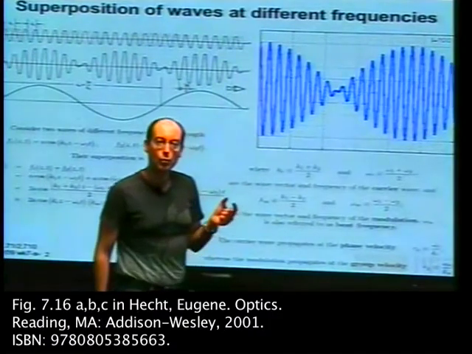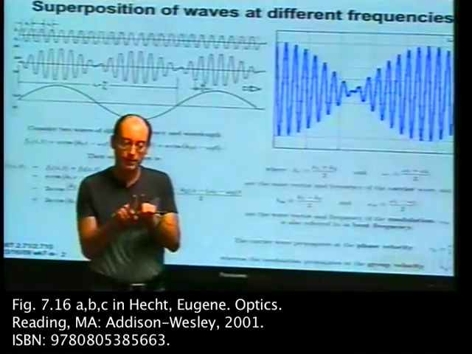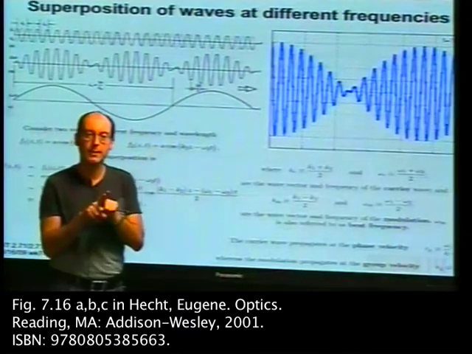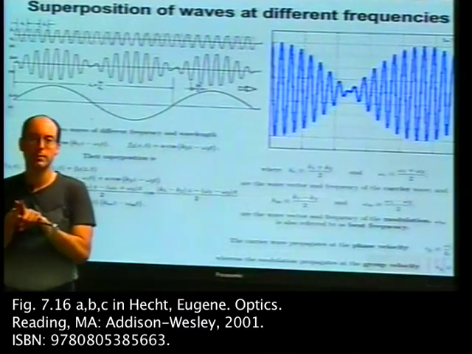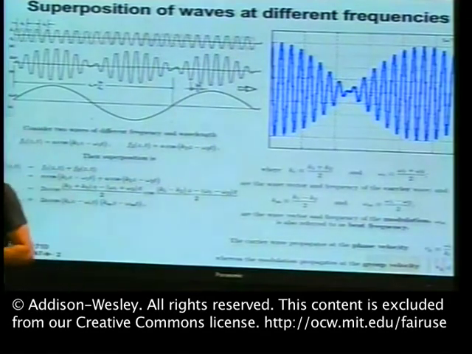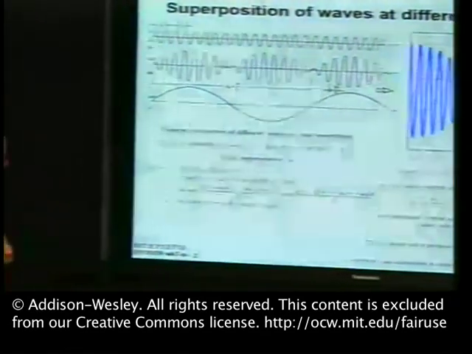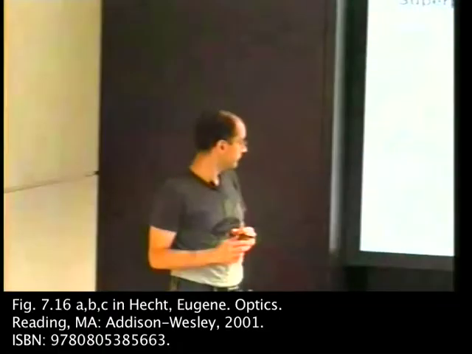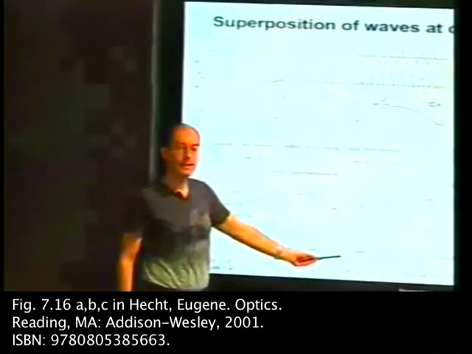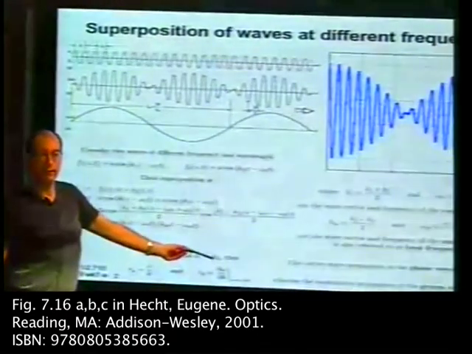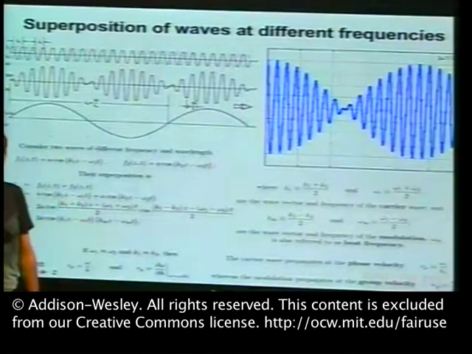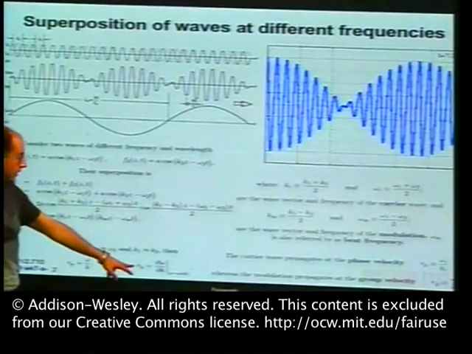If you imagine a beat, this is called a beat, by the way, I think I said it before, where the two frequencies and the two wave numbers are very close, then this would become the derivative. So the group velocity is basically the derivative of omega as a function of k. If you take the derivative of that expression, you get the group velocity.